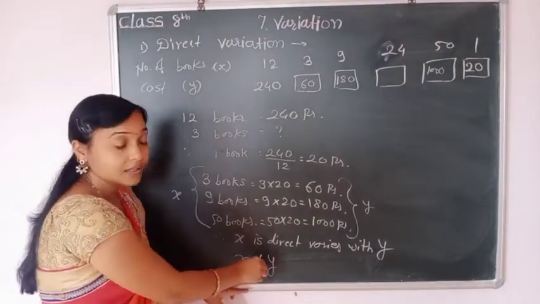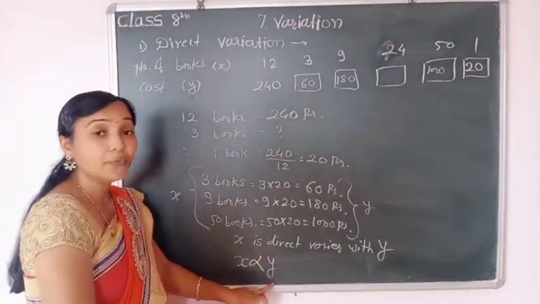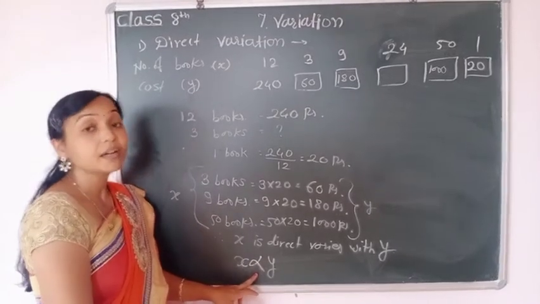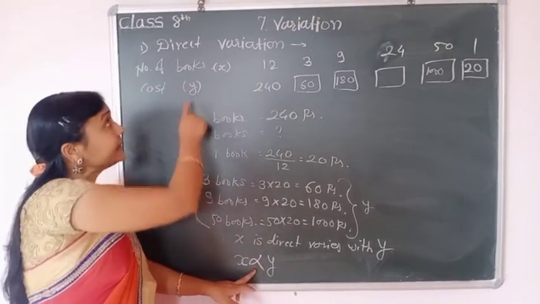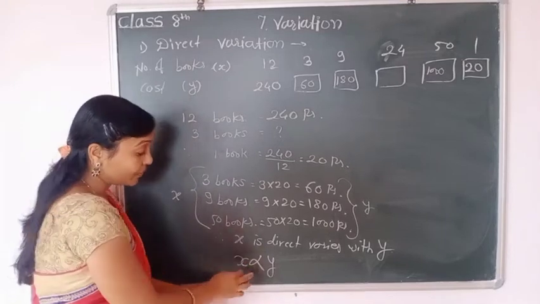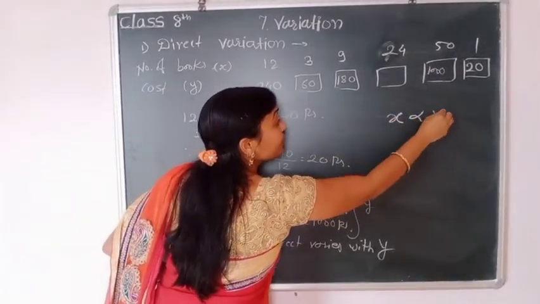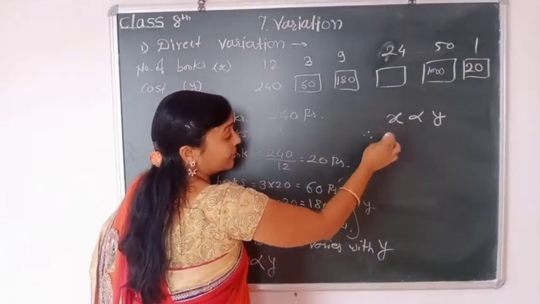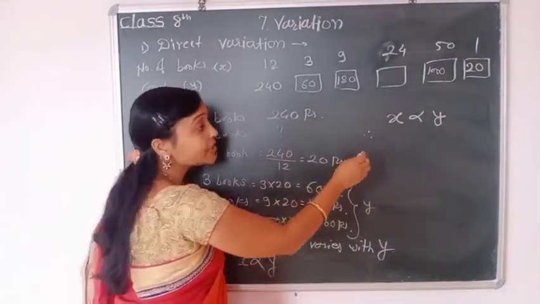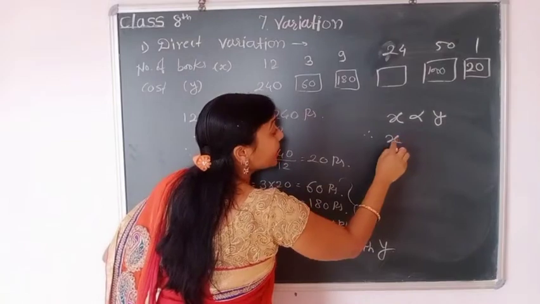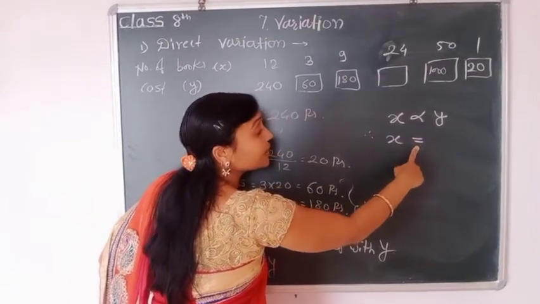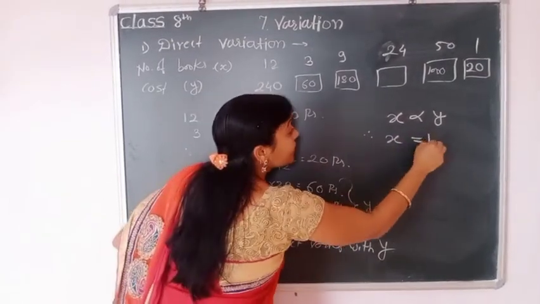This is alpha x alpha y. Alpha is a Greek letter. We denote direct variation, or variation, with it. Therefore, x is directly proportional to y. Now we find the equation of variation. When we find the equation, the proportionality sign is changed to an equal sign with a constant k: x equals k y.